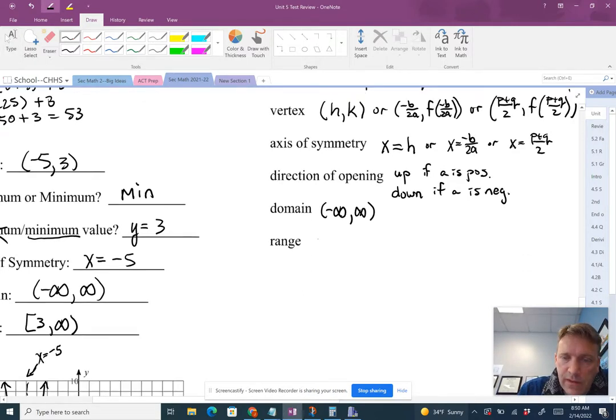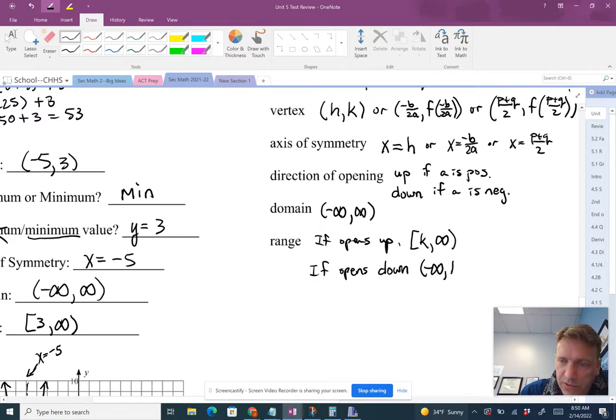The range, if it opens up, then you go from k up to positive infinity. If it opens down, then it goes from negative infinity on the lower side all the way up to k on the upper side, and includes k.